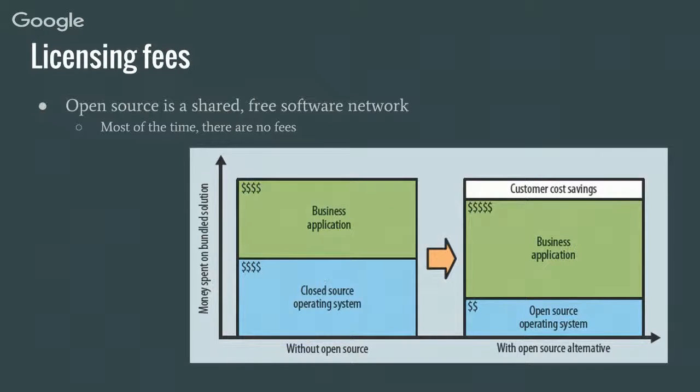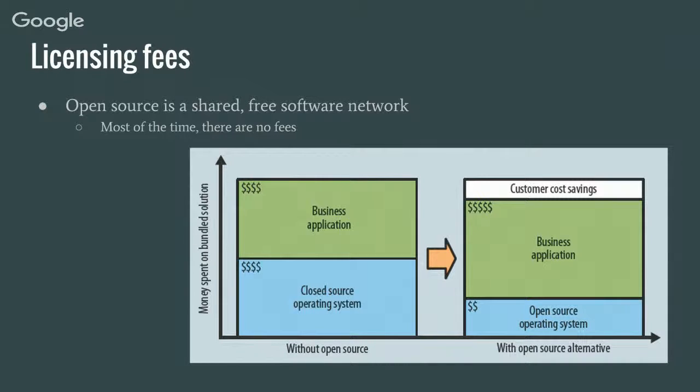So, licensing fees. Open source is shared free software. So most of the time there are no fees. There are a few exceptions where it does cost money, but it's nowhere close to a closed source operating system. As you can see in this graphic, closed source operating systems and open source operating systems cost nowhere near the same amount.